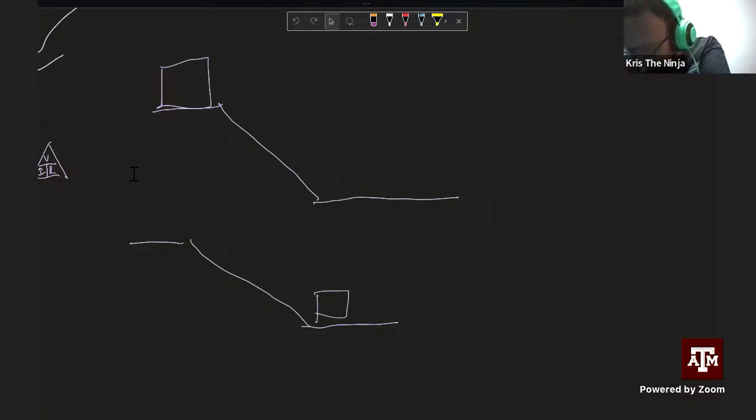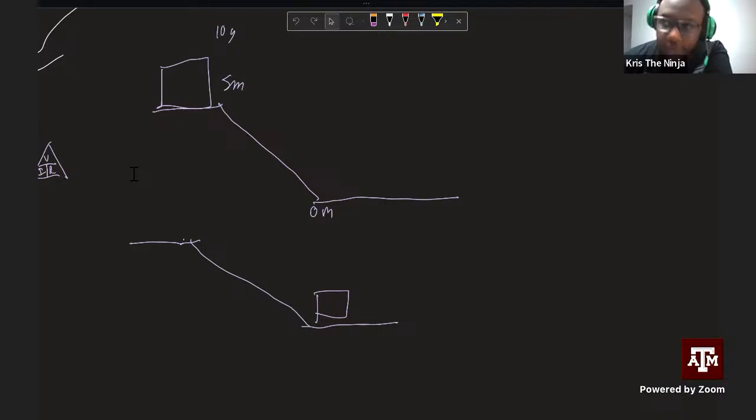So let's say this is at a height of 5 meters. This is at 0 meters. And this is just some length, it doesn't really matter what it is. We can find the voltage between the 2 points because there's a potential difference of energy. So let's give the box a mass of 10 grams.